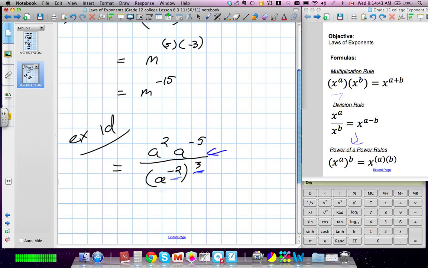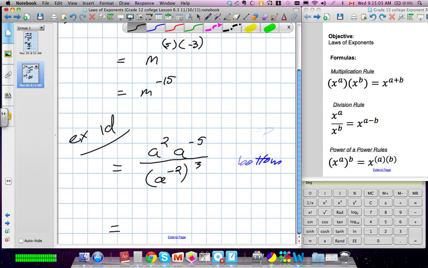What I'm going to do is I'm going to solve the numerator and the denominator, which is the top and the bottom of this fraction, first. Then I'll work with the division. So the very first, the top is dealing with multiplication. We have a squared times a to the power of negative 5.